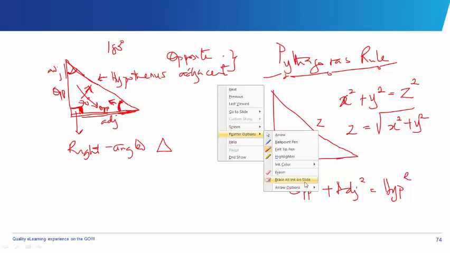Now let's look at examples to explain Pythagoras rule. Let's say we have a right angle triangle. This side is 3 cm and this other side 4 cm. We are to find x, this side. Using Pythagoras rule, x squared equals 3 squared plus 4 squared.